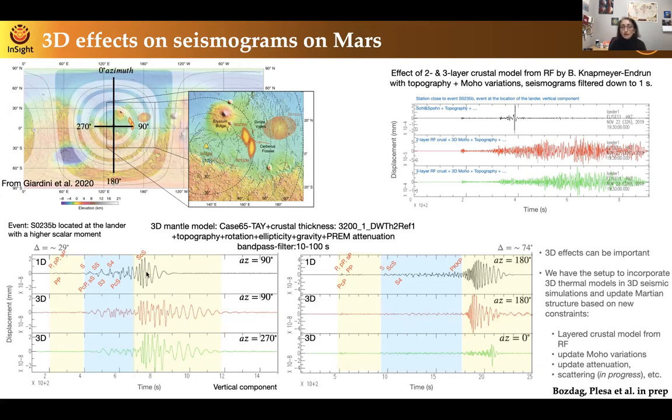But also one of my postdocs is working on the effect of scattering on surface wave propagation. And here you see how the crustal thickness in the north-south and east-west directions can change the waveforms, especially the surface waves.